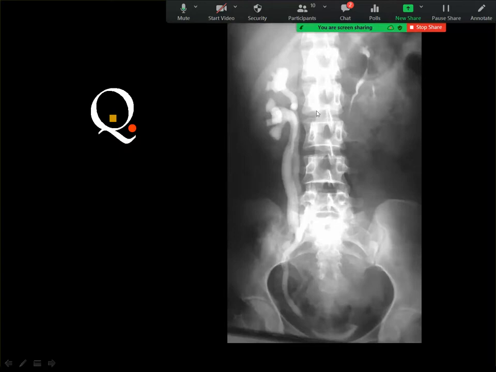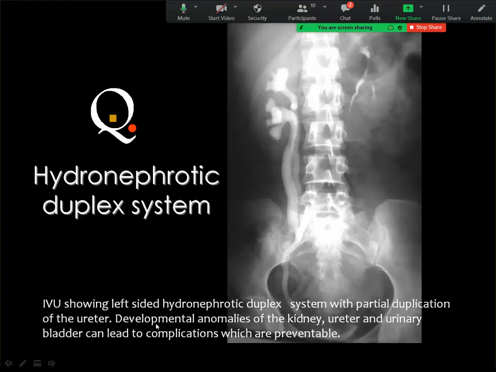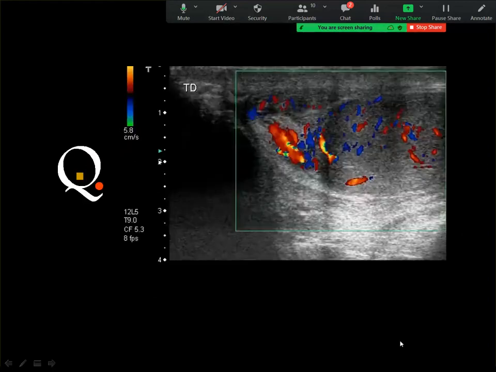Whenever there are some congenital anomalies in the kidneys, the anomalous kidney is liable for infection and sometimes obstructive changes. And this is a hydronephrotic duplex system with normal appearance of the left kidney.